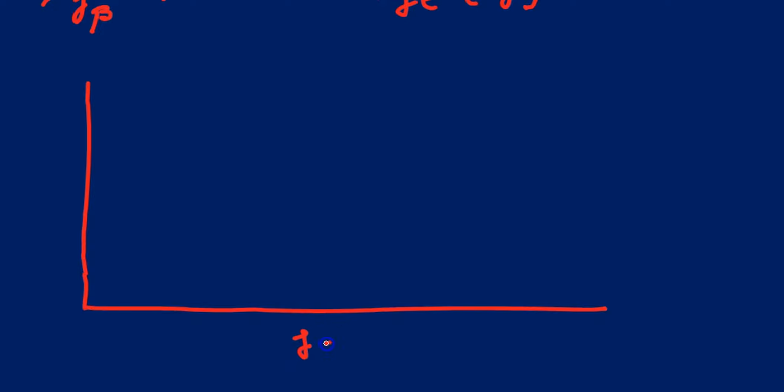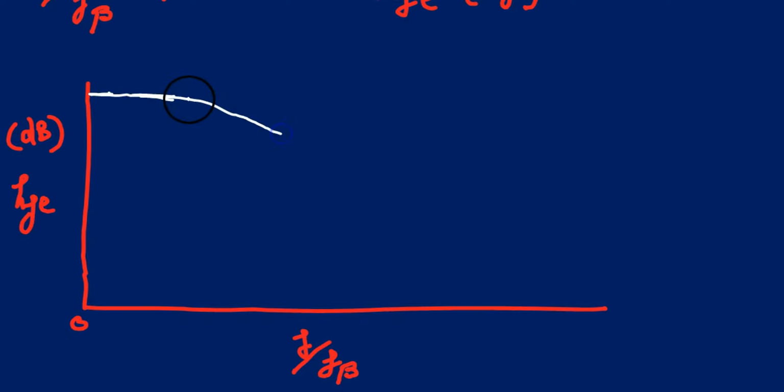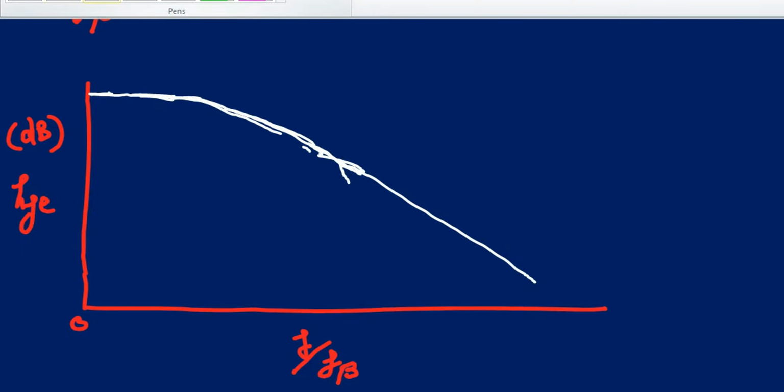Along the x-axis, F upon F beta, which is just a number, and HFE in decibel. So a straight line, then decreasing, decreasing. So here the HFE is decreasing with frequency.